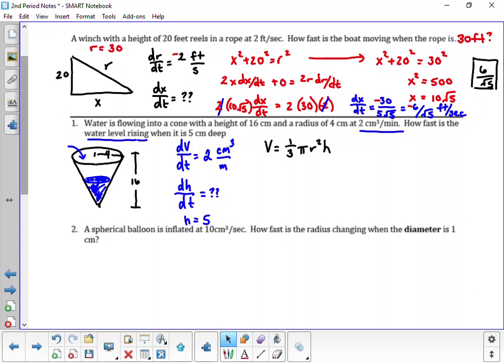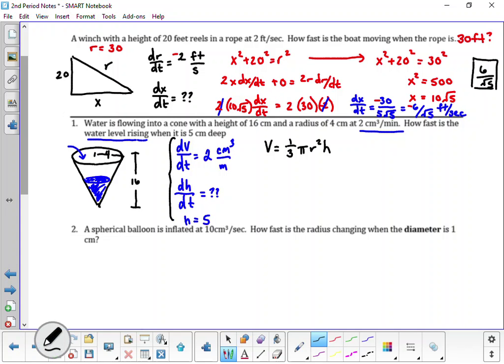I'd have to do 2r times h plus, and then I would have a dr/dt and a dH/dt. And in the original set of values, I'm not given the rate that r is changing. So somehow I've got to get rid of r.